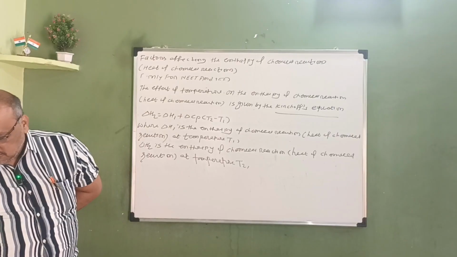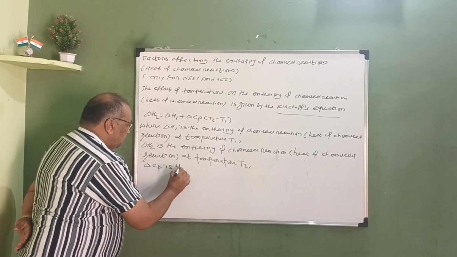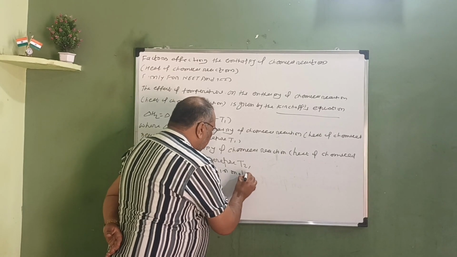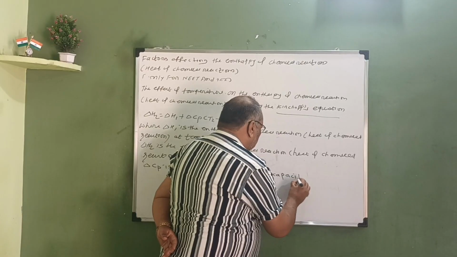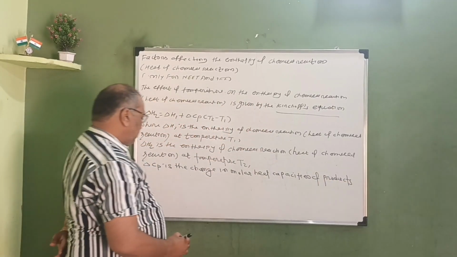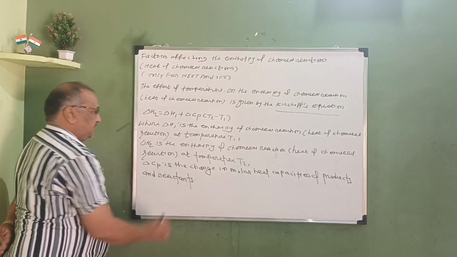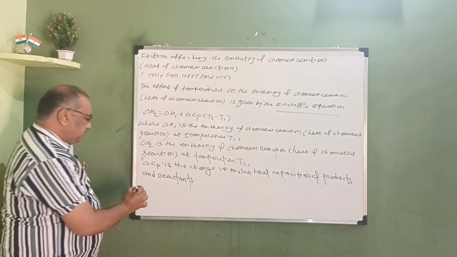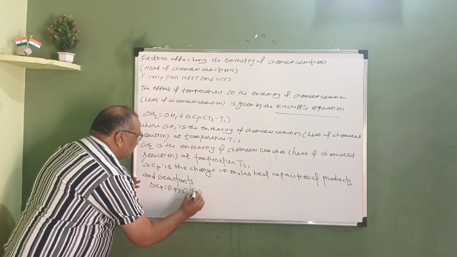Delta Cp is the change in molar heat capacity of products and reactants, that is delta Cp equal to Cp2 minus Cp1.